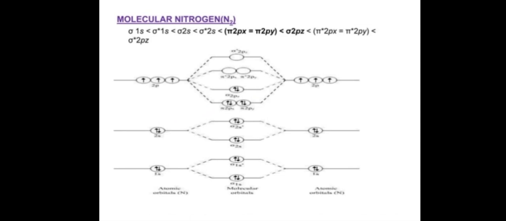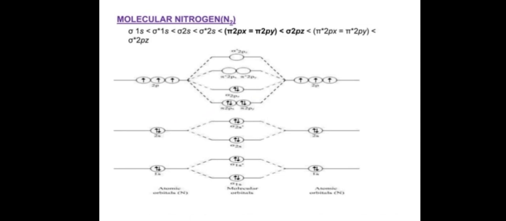In this very important molecular energy level order, the distribution of electrons takes place, with the highest energy molecular orbital being sigma star 2pz, whereas pi 2px and pi 2py are called degenerate orbitals.